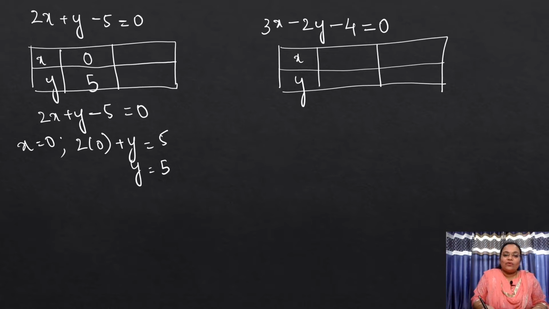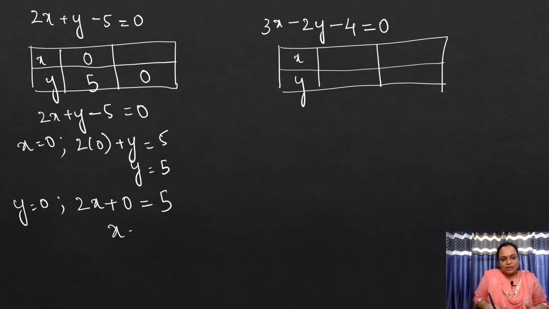If you take y is equal to 0, what happens? This will be 2x plus 0 is equal to 5. You will get a decimal, x is equal to 5 by 2. We will try to avoid decimal points, so I will take y is equal to 1.